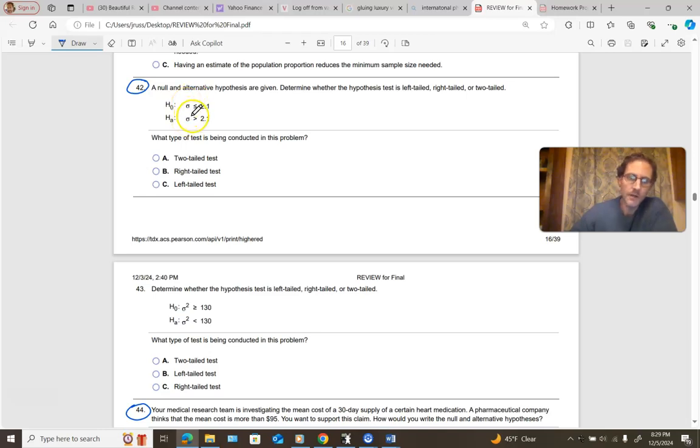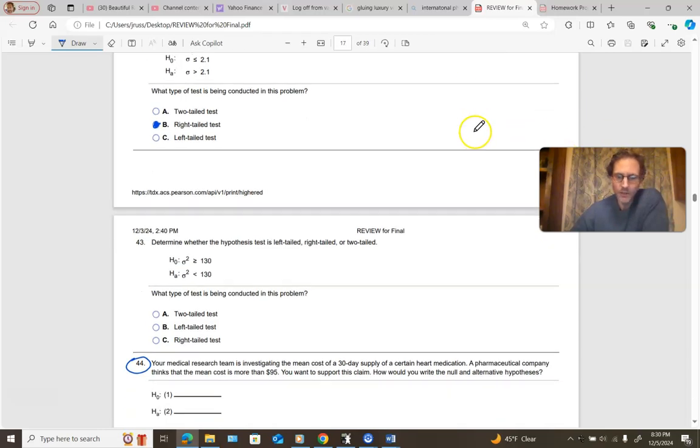But in any case, to determine the type of tail test, you look at the alternative hypothesis. So if it says that sigma is greater than 2.1, you'd be using a right tail test, because your test statistic would have to fall very far to the right in that right tail in order for you to reject the null hypothesis that sigma is actually less than or equal to 2.1.